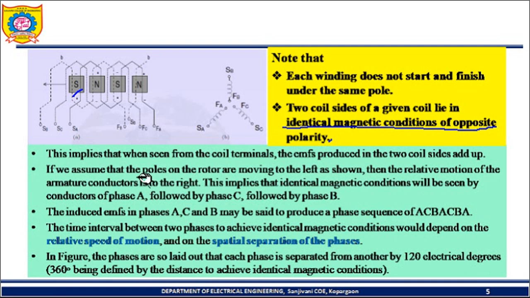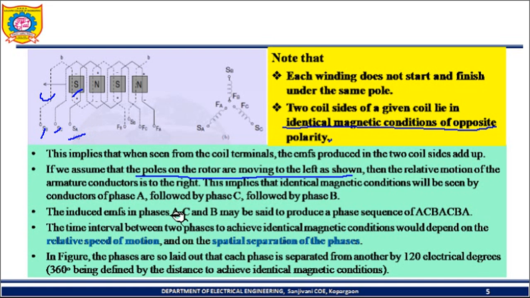If we assume that the poles on the rotor are moving to the left as shown, then the relative motion of the armature conductor is towards the right. This implies that identical magnetic conditions will be seen by the conductor of phase A, so we started with A, followed by phase C, followed by phase B.